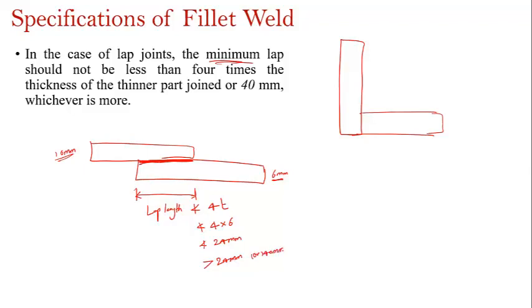Of these two, whichever is more, you adopt as the minimum lap length. So for this connection, you adopt 40 mm as the minimum lap length. That's how you find the lap length of a given connection.